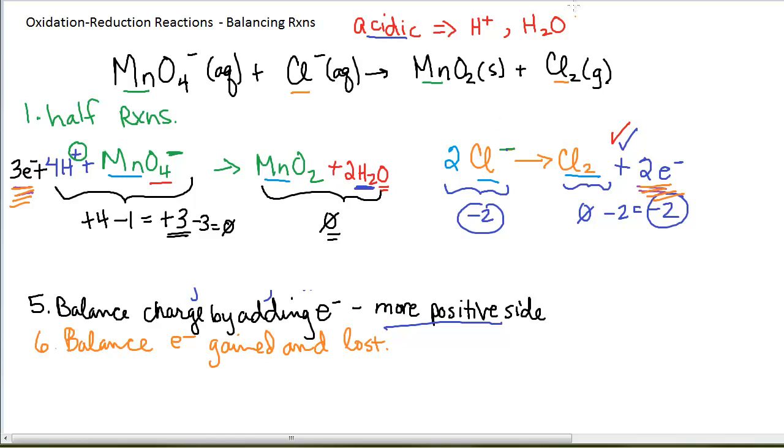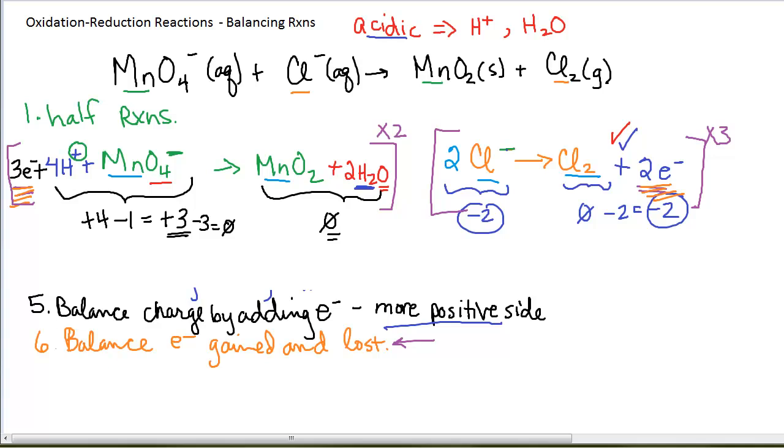And so in order to balance the electrons gained and lost, this is kind of like least common multiple. I need to multiply this right-hand half reaction by 3 so that it'll be losing 6 electrons, and then I'll multiply this left-hand half reaction by 2 so that it'll be gaining 6 electrons. So I'm balancing the electrons gained and lost by my 2 half reactions to make it equal.